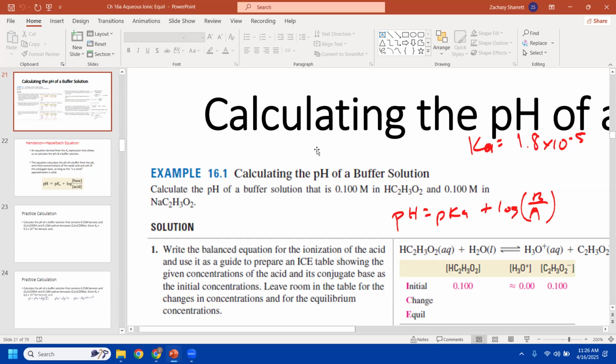What's the negative log of 1.8 times 10 to the negative 5? It's positive 4.7. Okay. And what is the concentration of B in this case? What should it be?